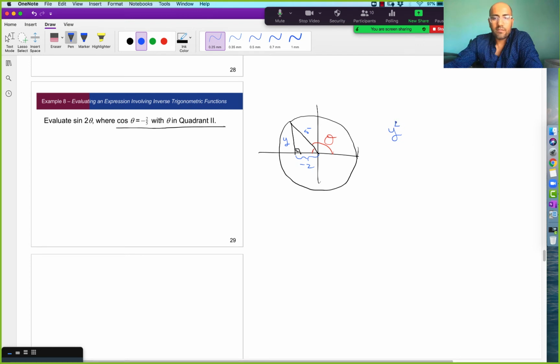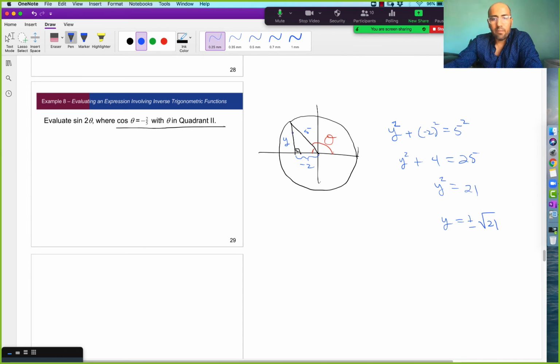Y squared plus negative 2 squared must be equal to 5 squared. Good. So y squared plus 4 equals 25. Y squared equals 21. So y equals plus or minus root 21.